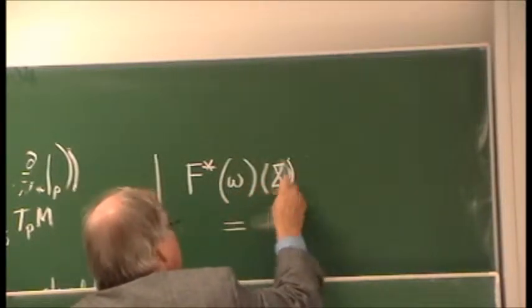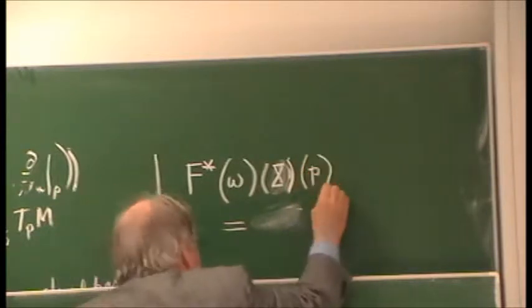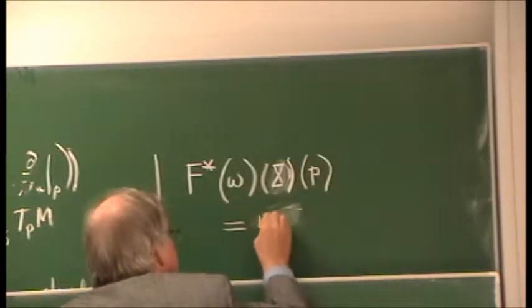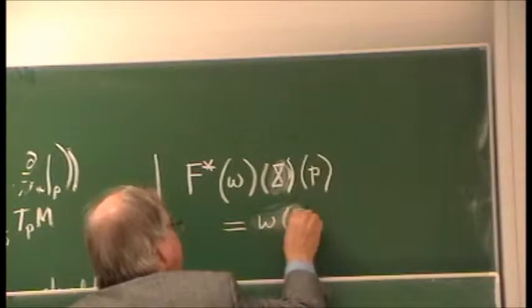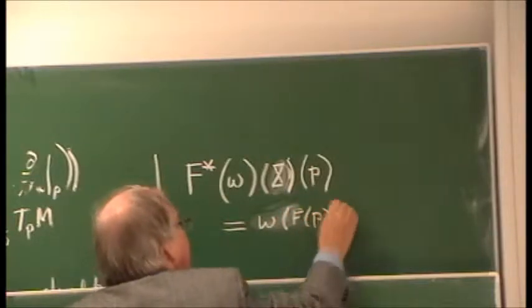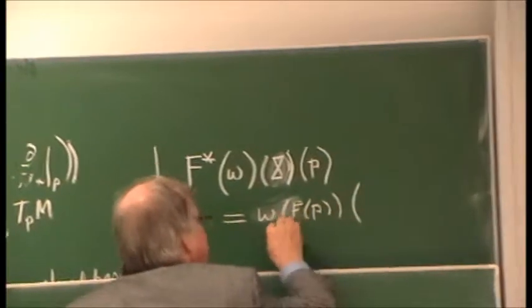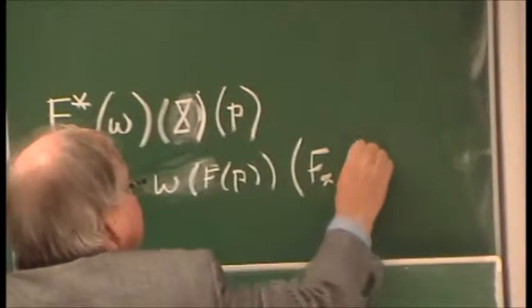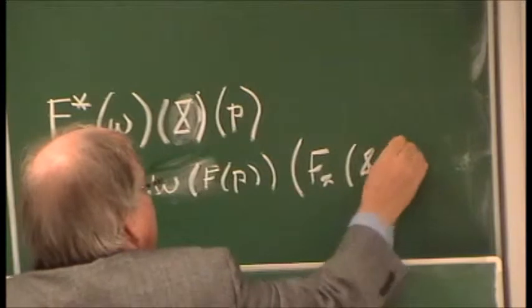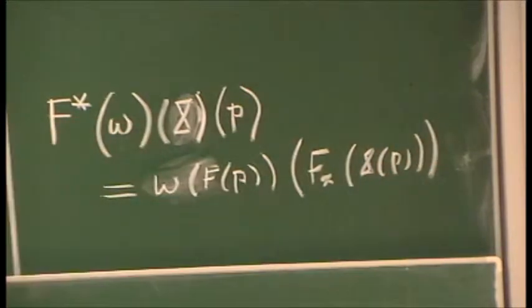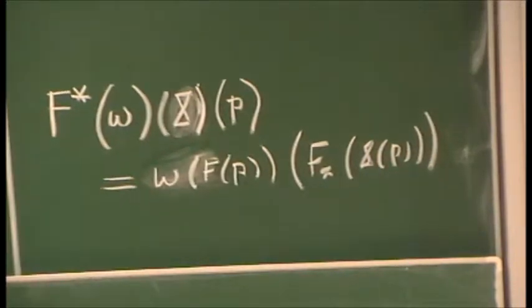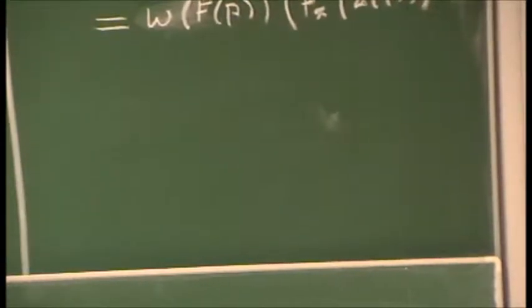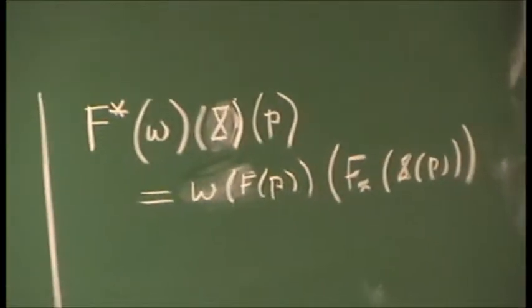I'll tell you what it is at P. What it is at P is, I push over the function value: omega at f of P, applied to the push forward of this tangent vector. Okay, and that's the definition.